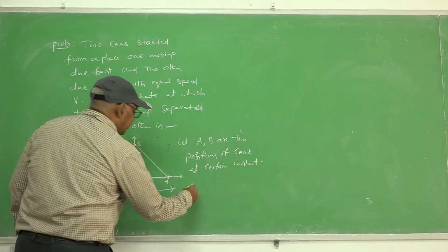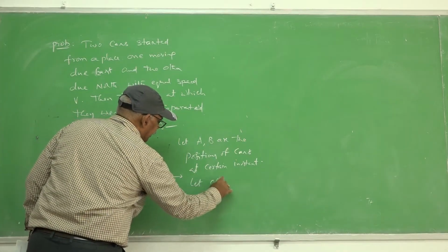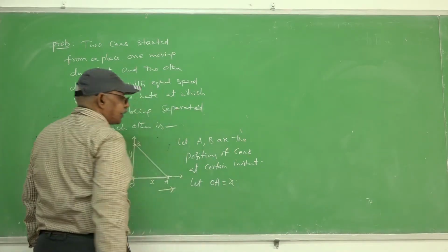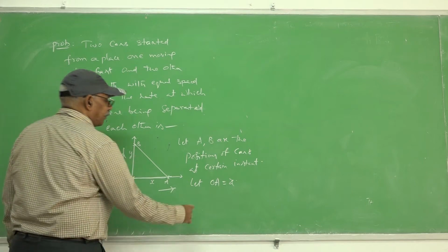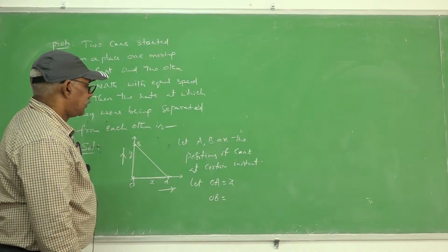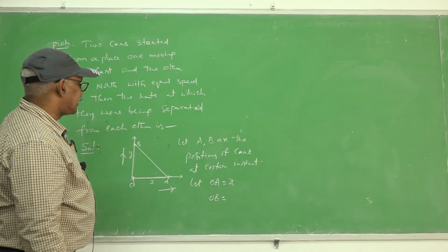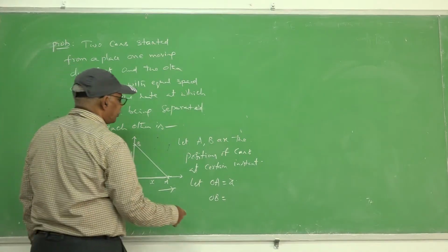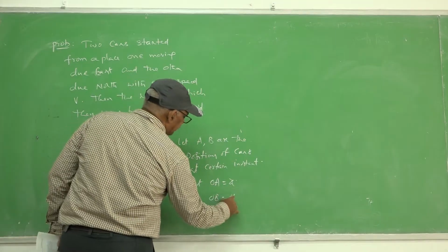Let OA equal x. The distance covered by the first car, which is moving due east, is x, and the distance covered by the second car, which is moving due north, is y.